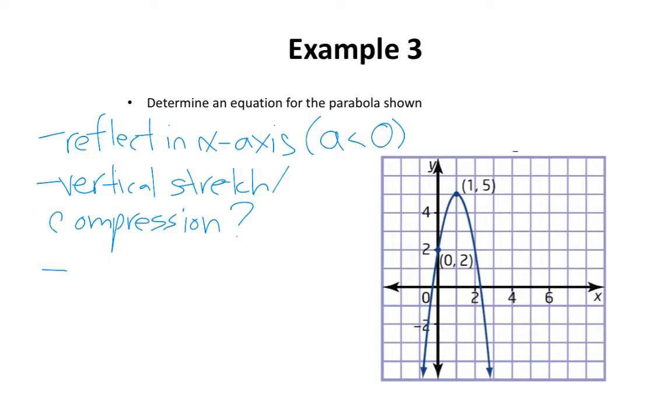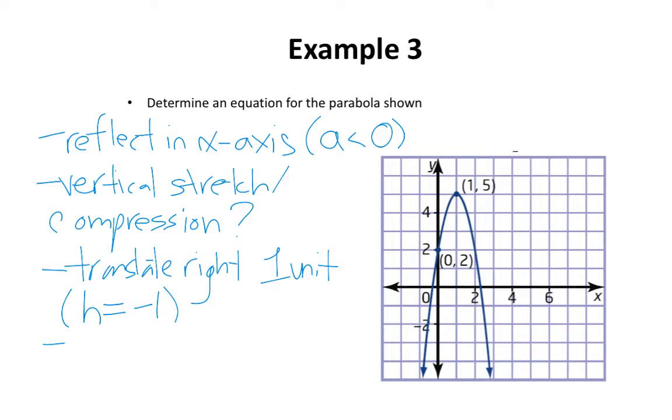The vertex coordinate is 1, 5, which means it has been translated to the right by 1 unit. Which would mean the h value, remember this is counterintuitive, the h value is negative 1. And you can also see that it has been translated upwards by 5 units.